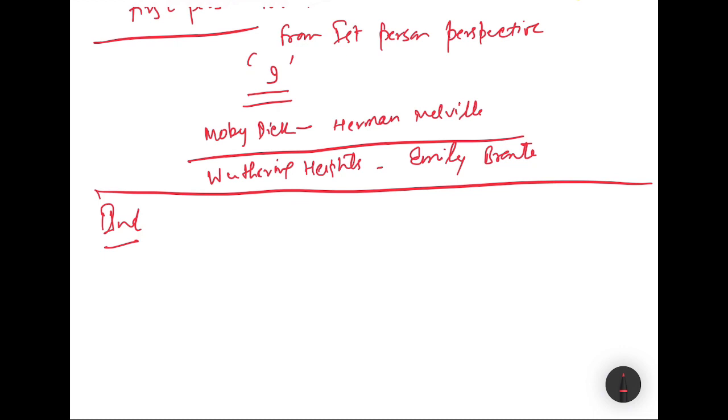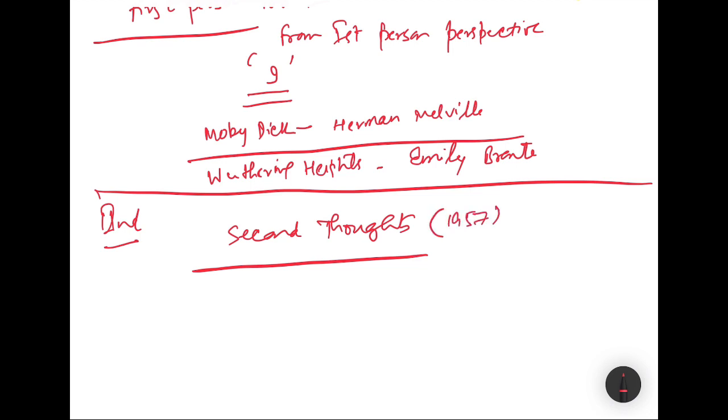The second person is extremely rare. We have one example of a French novel called Second Thoughts. It's a French novel which was published in 1957, written by Michael Booter. It is from the second person point of view.